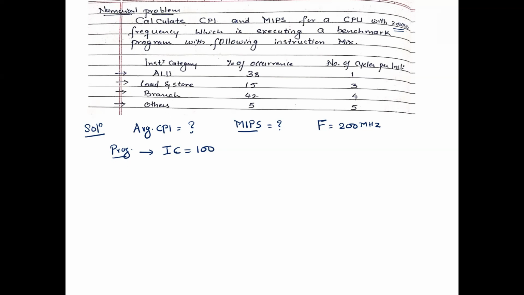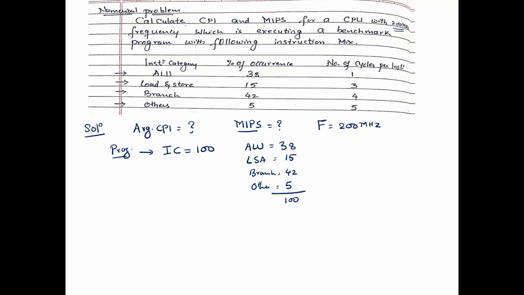So if we have an instruction count of 100 in a program, how many ALU instructions will we have? 38% of 100 means we will have 38 such instructions. Load store architecture will have 15 instructions. Branch instructions, we will have 42 in number, and others we will have 5. So if we sum it together, it will again be 100, right?